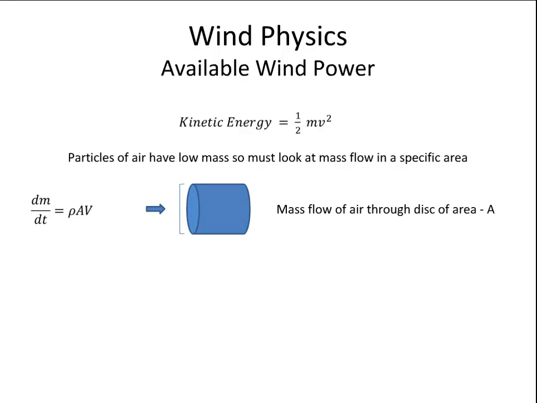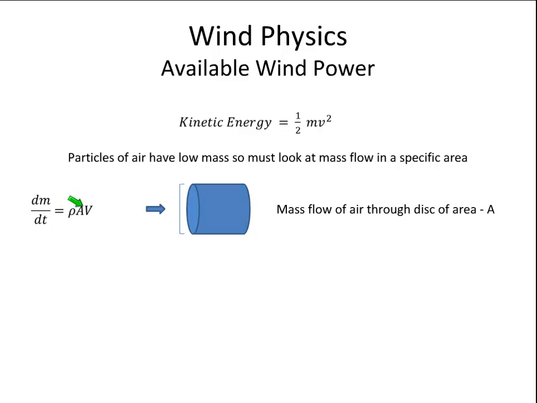In this case, we're going to take a mass flow of air through a disk, and that disk is going to be the size of our wind turbine. Here's what I'm talking about: the mass flow of air over a period is equal to the density of the air times the swept area times the velocity.